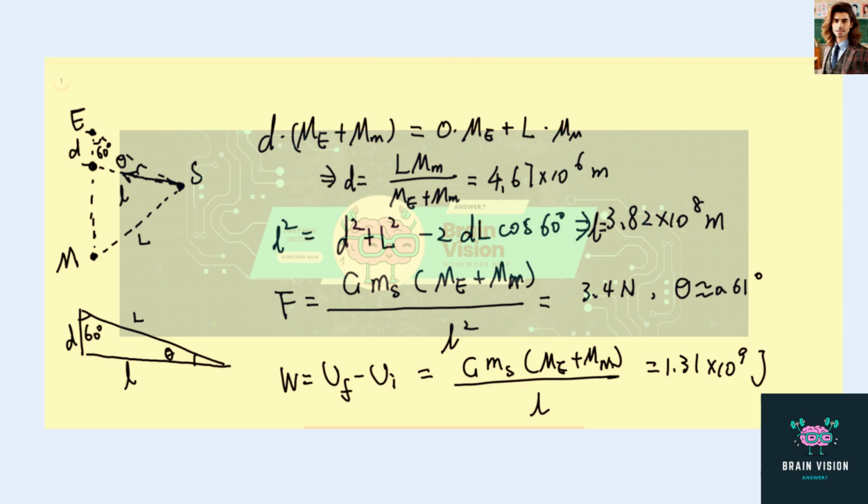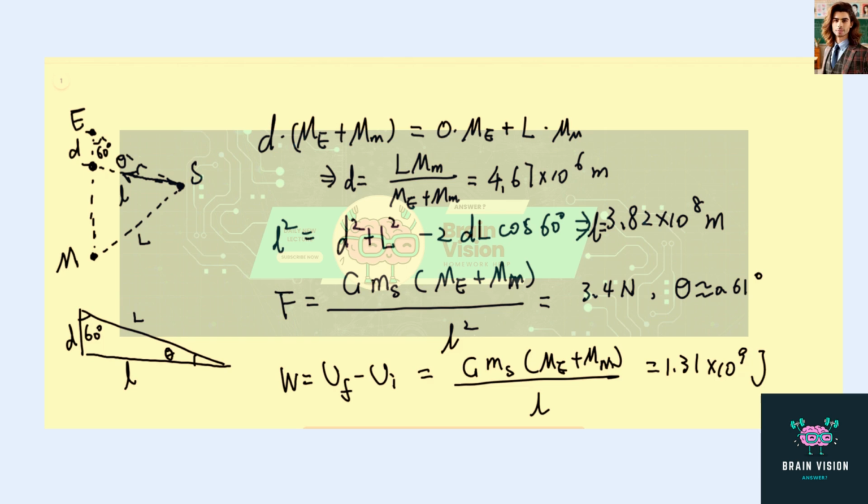Now we know the distance and we know the mass, so we can find the force using the gravitational force equation: the gravitational constant times the mass of the satellite times the total mass of the Earth and the Moon, divided by the distance from the satellite to the Earth-Moon center of mass, l squared.